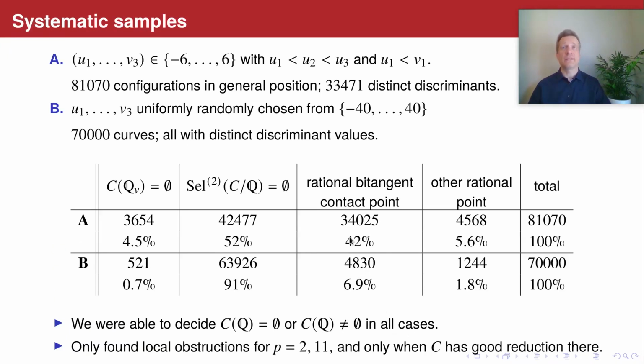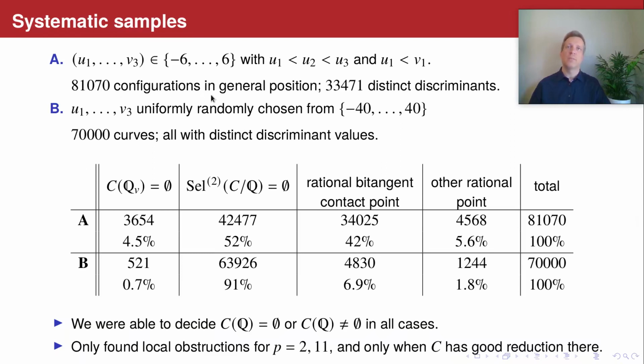This is only one example, but in fact we tested this method systematically on a wide range of examples. We had one test batch where we systematically enumerated all possible configurations with coefficients between -6 and 6. That gave us roughly 81,000 test cases.